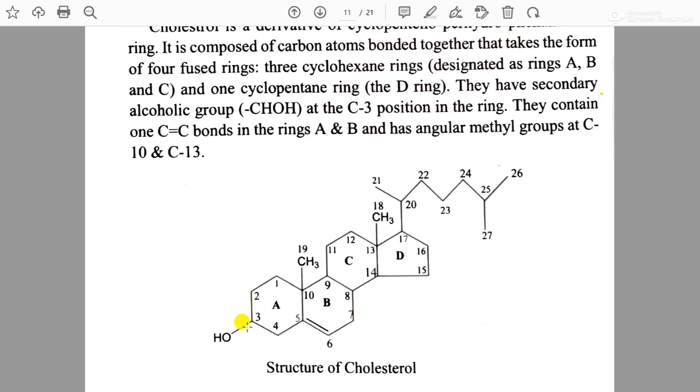And you can see that there is an OH group at the third position. Though the core structure is the same, that is a 4-membered ring structure with 3 hexane rings and 1 cyclopentane ring, there is a difference in the functional groups or the positions of the functional groups and side chains in all these categories of steroids.